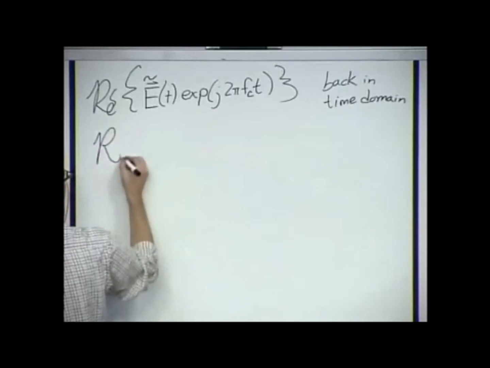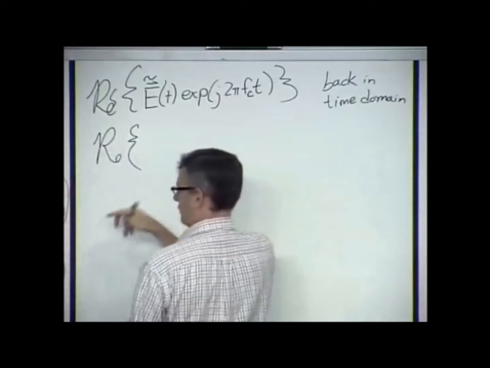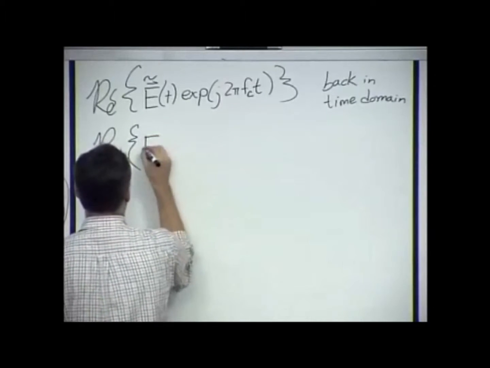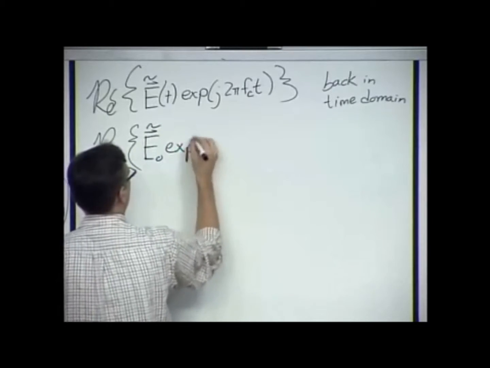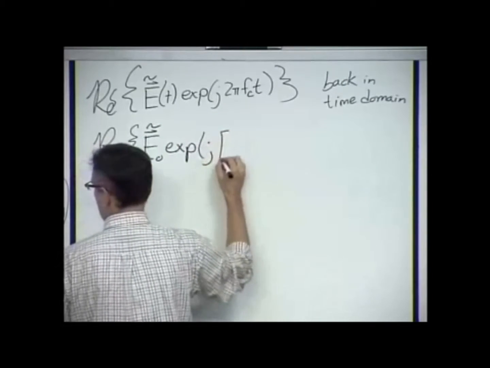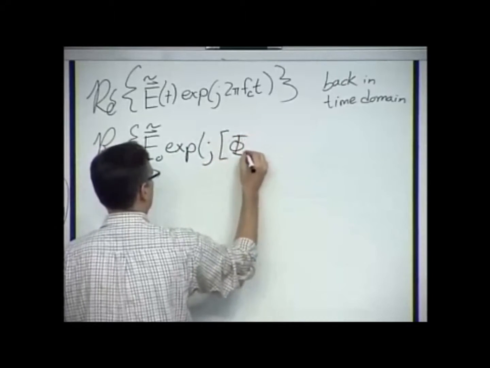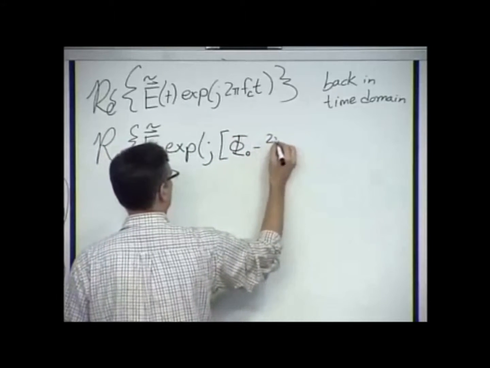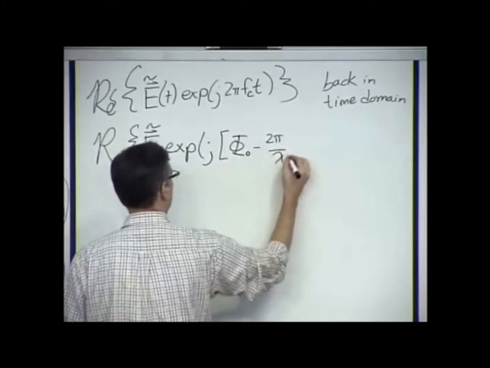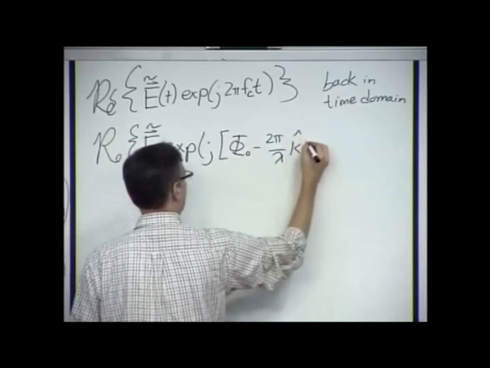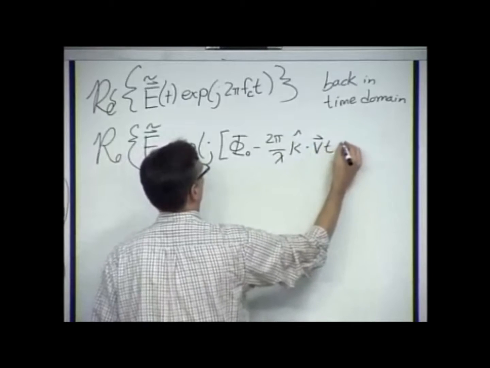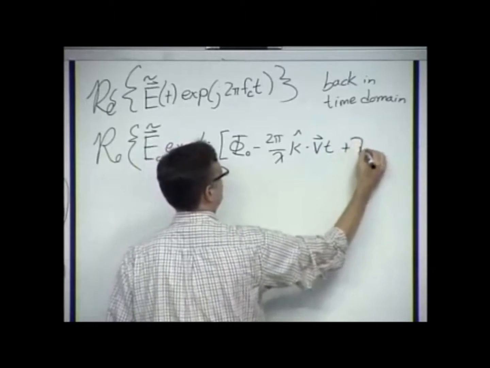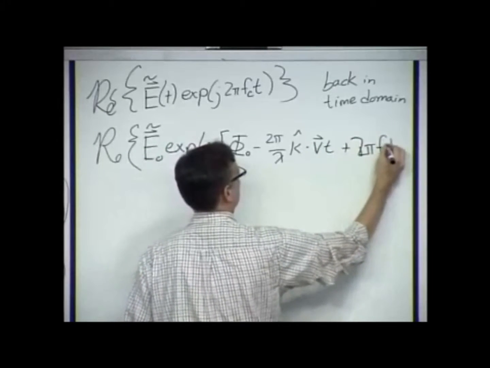So that becomes the real value over here of E naught e^(j(θ0 − (2π/λ) k̂·v + 2πf_c t)).